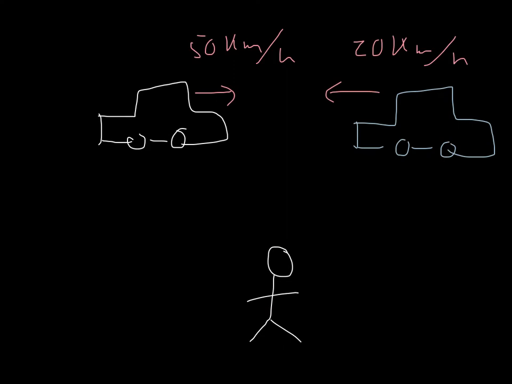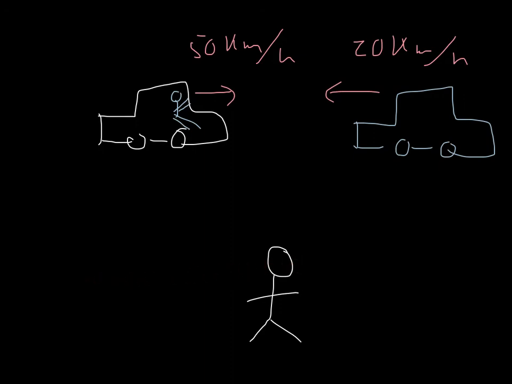So now let's think about what this guy here in this car is going to measure. So here's our new guy who's driving in a transparent car. And what's the relative velocity of this guy compared to this guy? Well, it has to be minus 50 kilometers per hour because this guy is now still and this guy looks like it's moving backwards at 50 kilometers per hour.